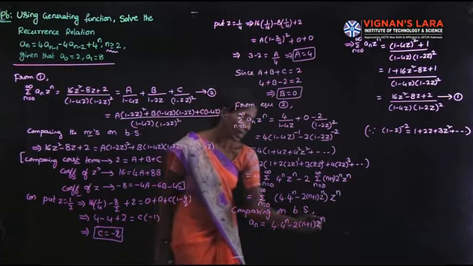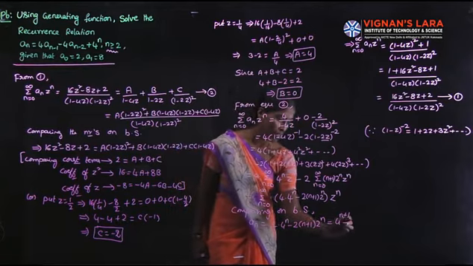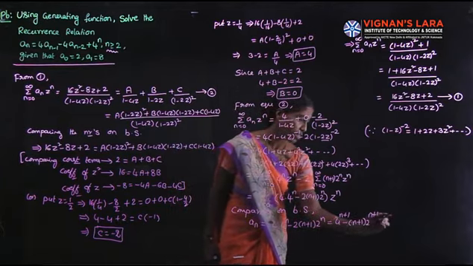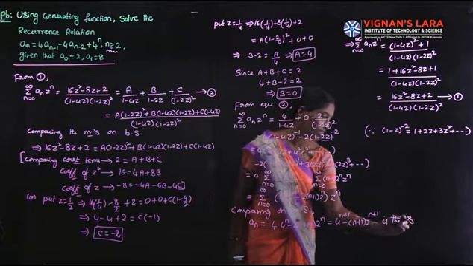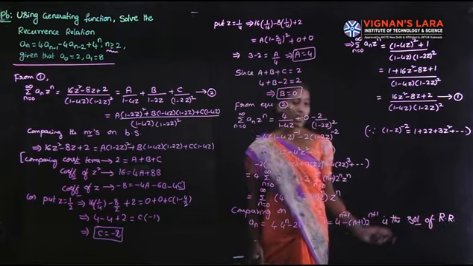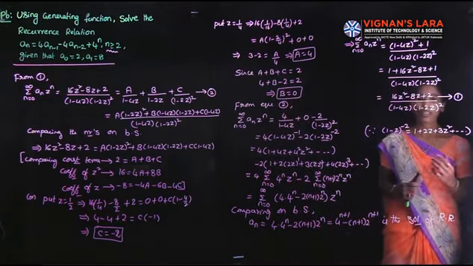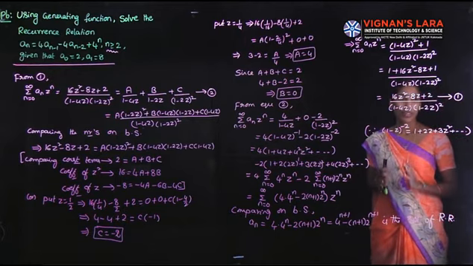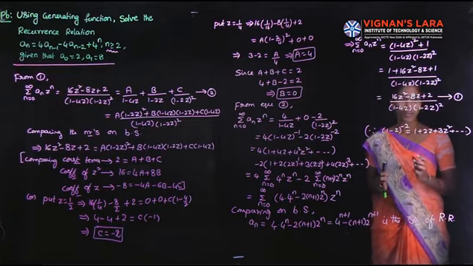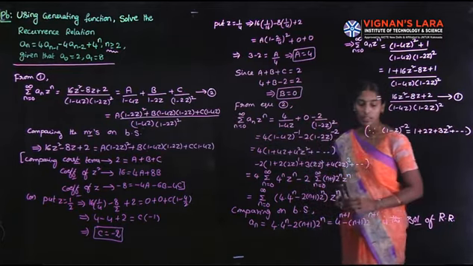We can write it as 4 power n plus 1 minus n plus 1 into 2 power n plus 1, which is the solution of the given recurrence relation. Right? This is the procedure. First we have to multiply by z power n and then take sigma and try to write each term in terms of sigma. For that sometimes we need to apply the partial fraction procedure also, right?